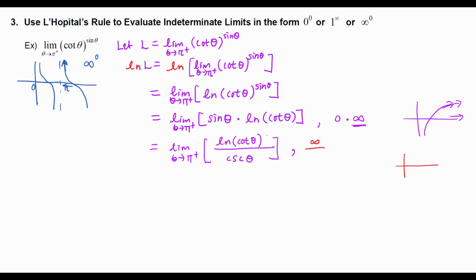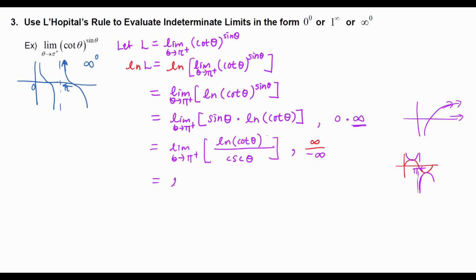Remember, cosecant theta is above and below the sine. So this is what the cosecant looks like, and this is where the pi is. When you approach pi from the right, cosecant goes to negative infinity. That's okay. Infinity over negative infinity, we also get to use L'Hopital's rule.